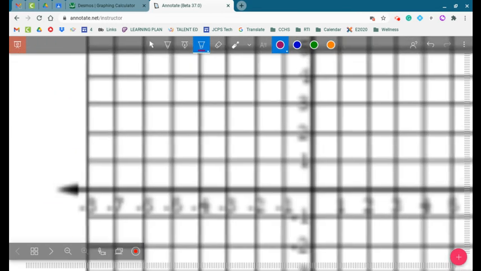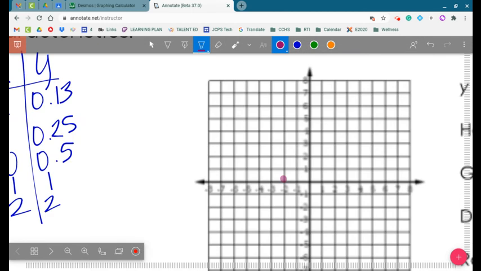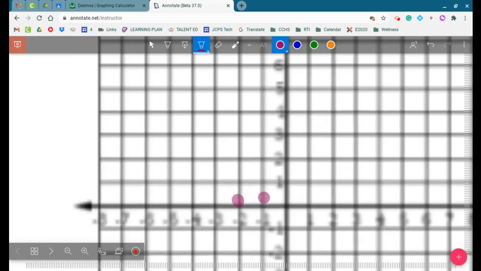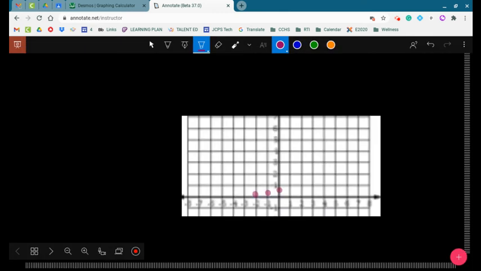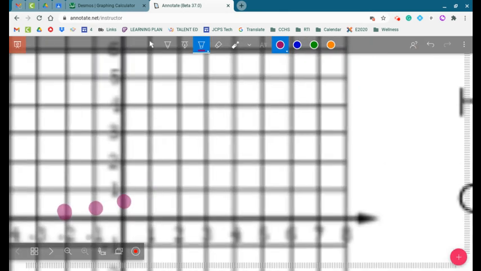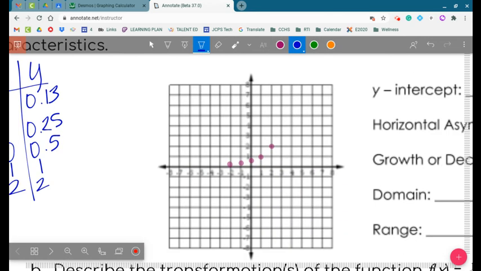So (-2, 0.13) is going to be really close to 0. Then (-1, 0.25), just a little bit higher. (0, 0.5), just a little bit higher. (1, 1) and (2, 2). So this just got smooshed a lot. It grazes at y equals 0 and then goes up.